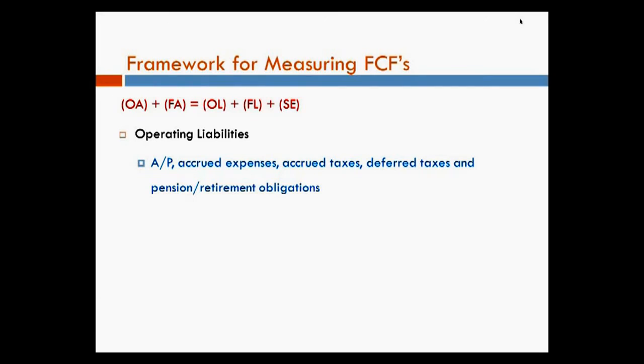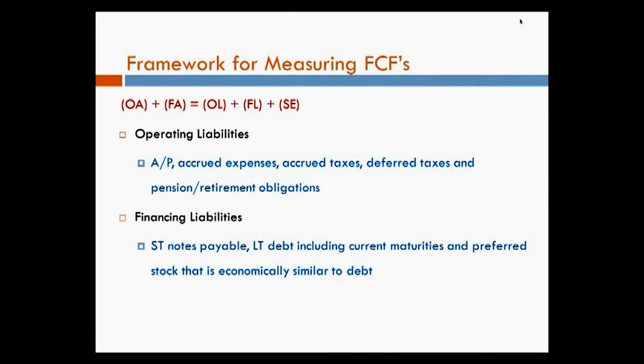Operating liabilities are the liabilities that you have day to day: accounts payable, accrued expenses, taxes, deferred taxes, pension obligations, etc. A lot of your liabilities will be financing liabilities, notes payable and other debt, and preferred stock, which is really debt when you look at the way it's structured. So quite a bit of your liabilities are going to be for financing purposes.